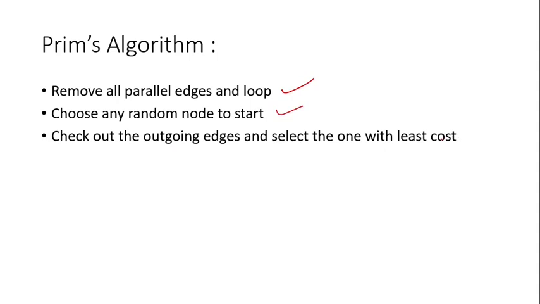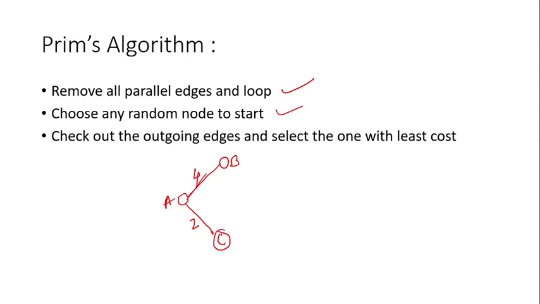Now, these outgoing edges are not just from the vertex you have visited. Let's say you have started with A and reached B, and A has two options, let's say 4 and 2.